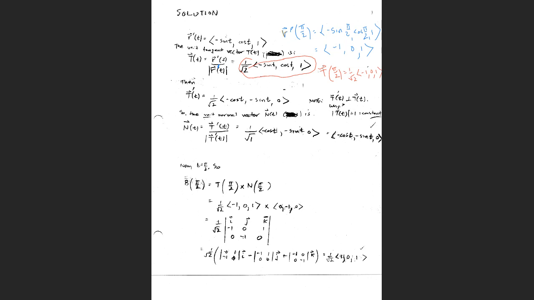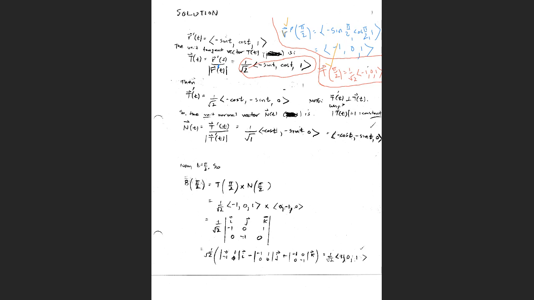But both of these vectors, r prime of pi over 2 or tangent of pi over 2, are acceptable for using the A, B, and C values for the equation of the normal plane, because both of these vectors are perpendicular to the normal plane.